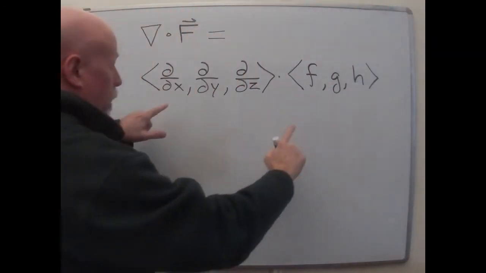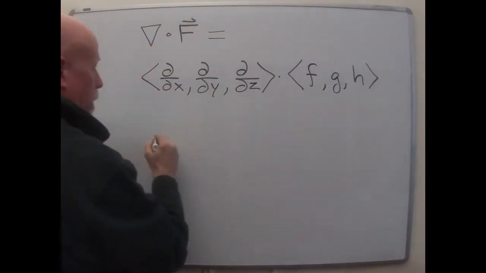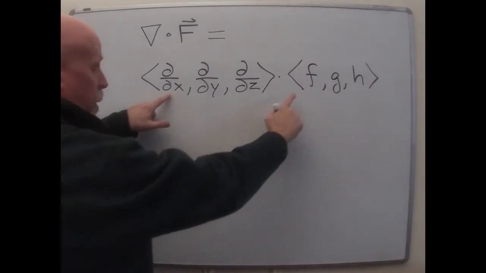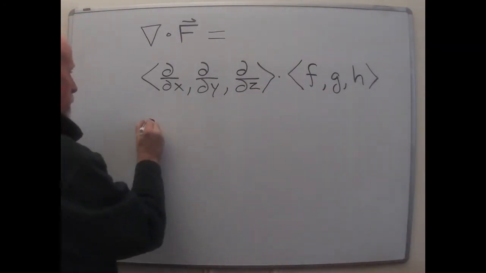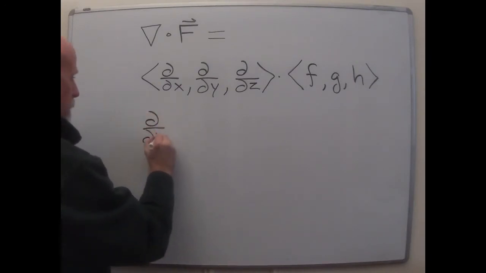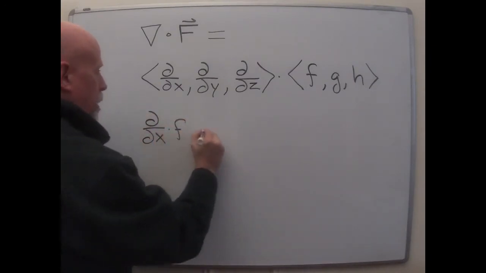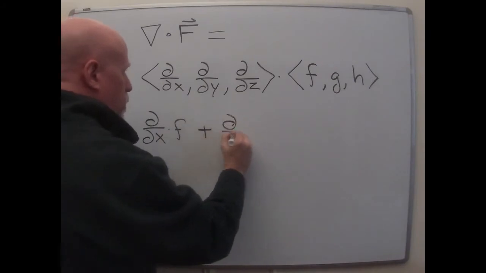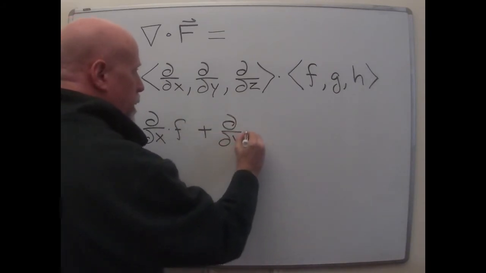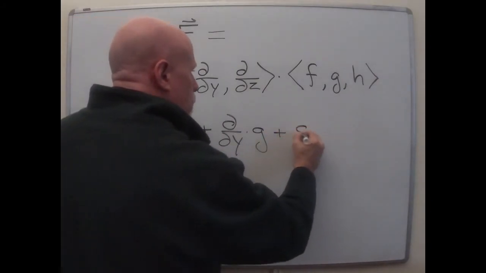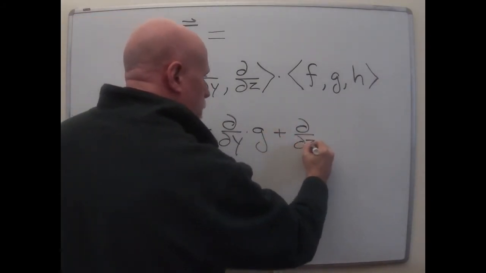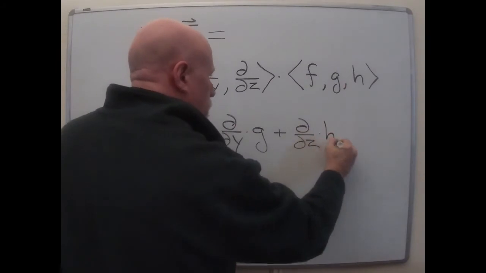And when you do a dot product, you put matching things together and then you add up. So you multiply the matching things and then you add. So you get partial x times f plus partial y times g plus partial z times h.